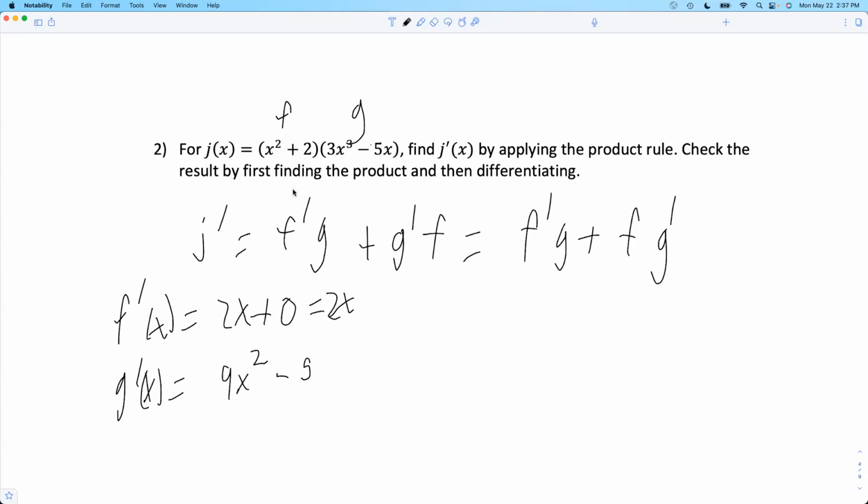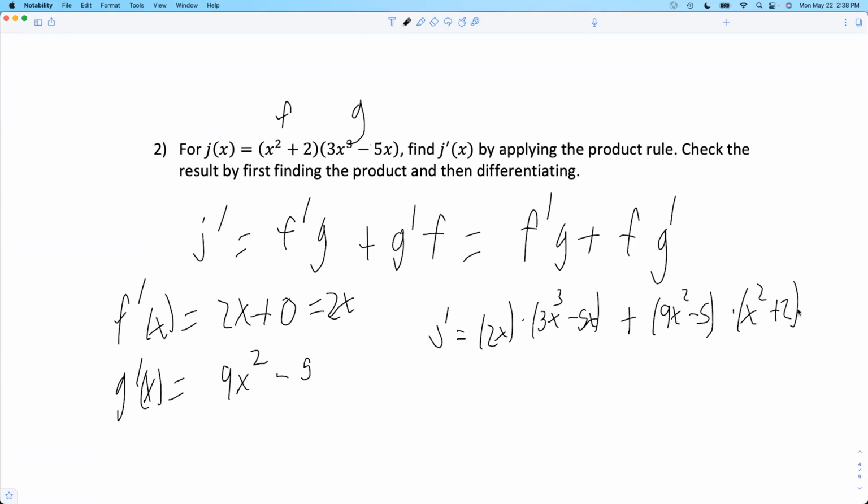Okay, now that we got each separate derivative, we can write out J prime will be derivative of the first times, leave the second alone, write it exactly the way it looked, plus derivative of the second, and we got to have all these parentheses here, times, leave the first alone.